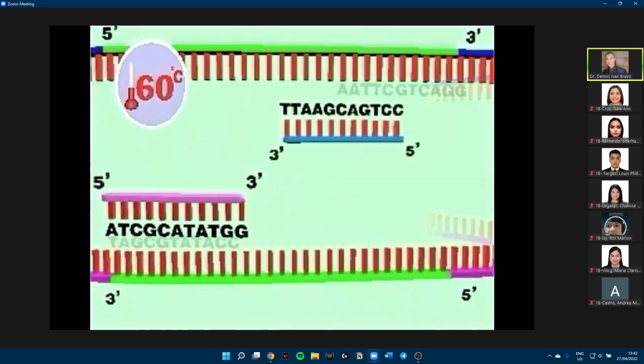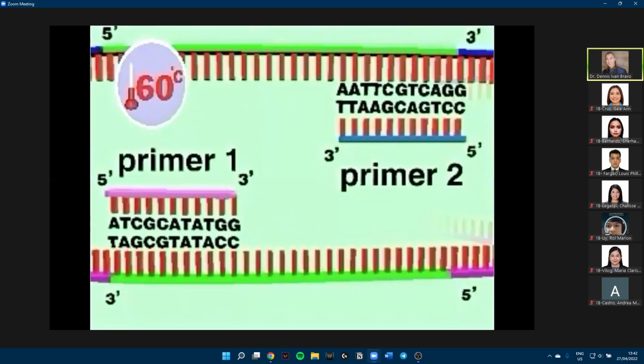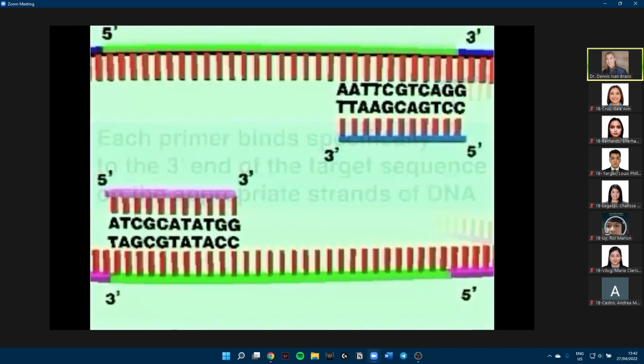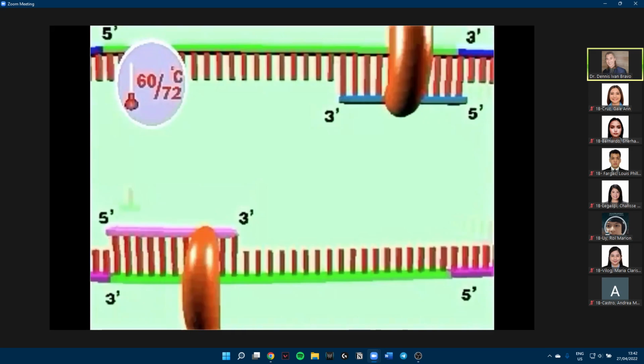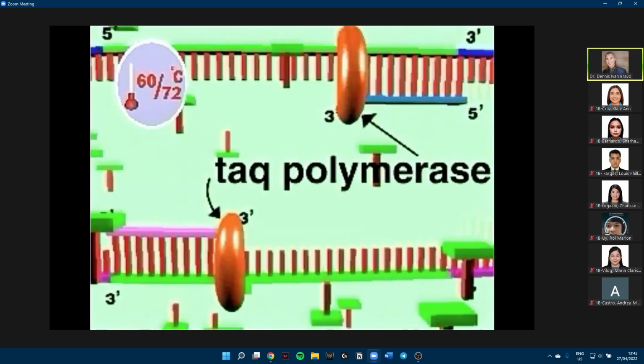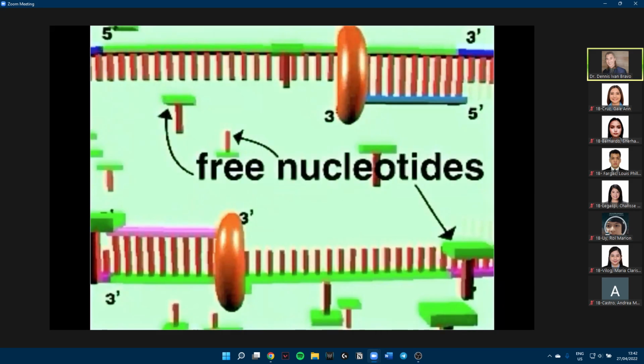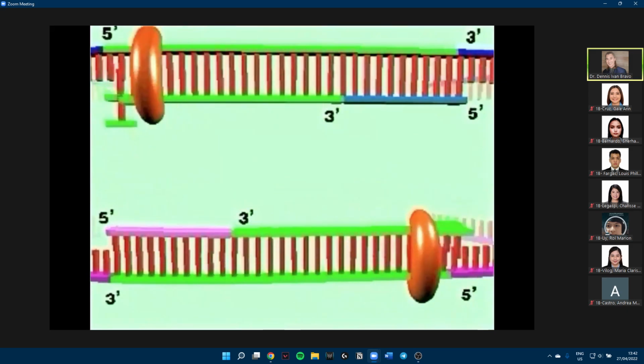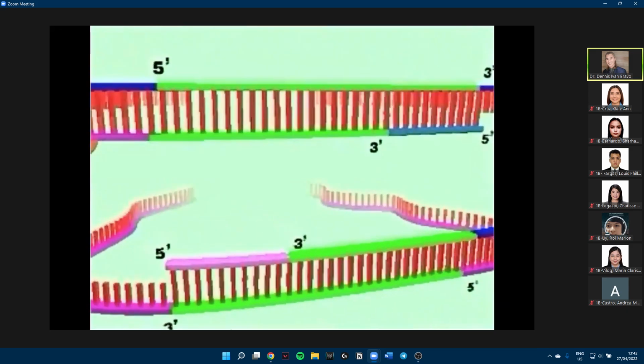Temperature is lowered to allow primer annealing. Temperature is raised to about 70 degrees Celsius to allow primer extension by the enzyme Taq polymerase, through polymerization of the dNTPs.